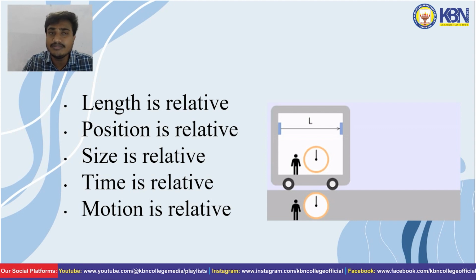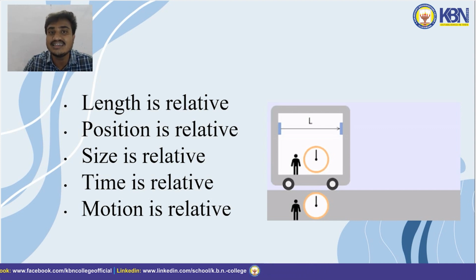From the first person we can say that the train is moving at 60 km/h. Why? Because he is at rest and he is watching the train, whose speed is 60 km/h. With respect to the second person, the train is moving at only 40 km/h. Why?